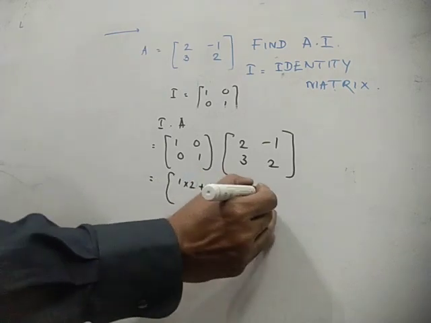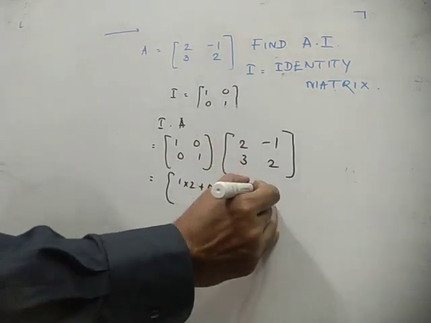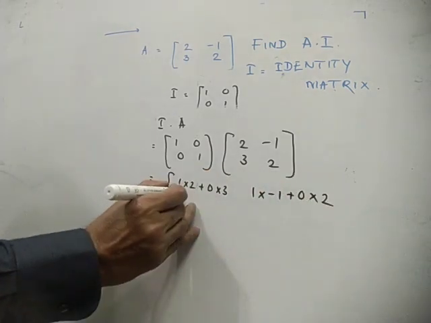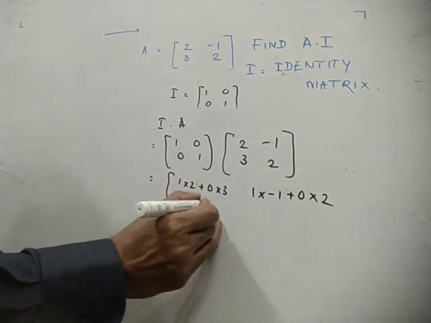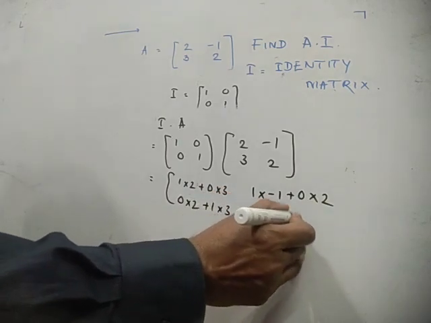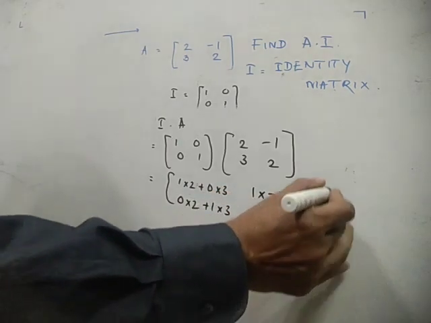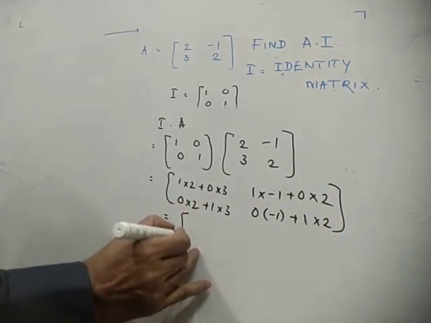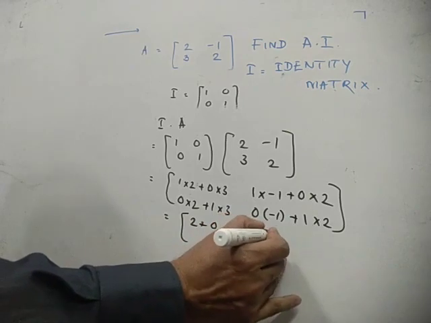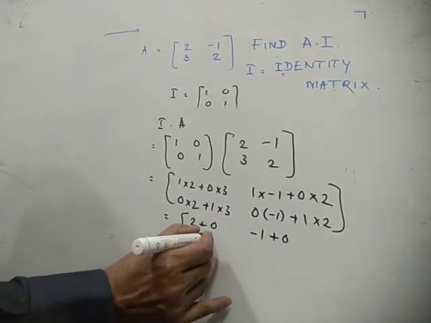I into A: if we multiply these two matrices 1 0 0 1 and 2 minus 1 3 2, we are doing 1 into 2 plus 0 into 3, first row first column; first row second column, 1 into minus 1 plus 0 into 2. Second row, 0 into 2 plus 1 into 3.